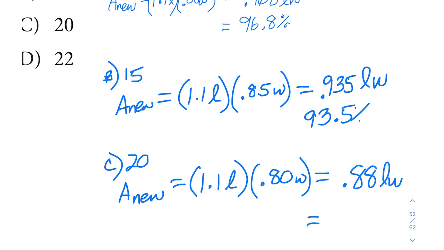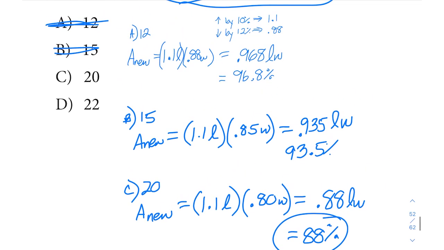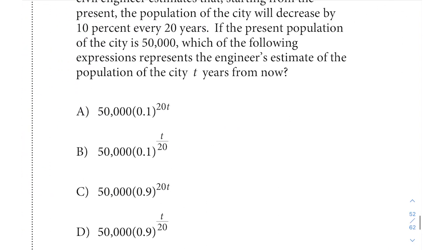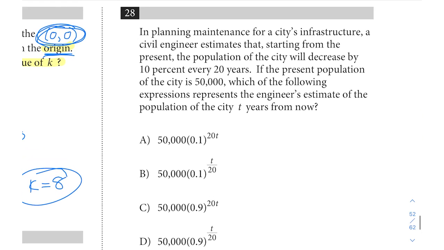That comes out to 0.88 of our original. And I'll throw in the LW up here just so we can see it in both places, which is in fact 88% of our original area, which does reflect a 12% decrease, which is what we're targeting in this question. Our correct answer on this is going to be answer choice C.